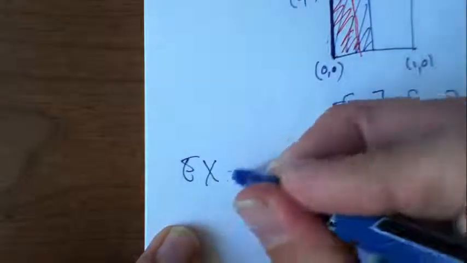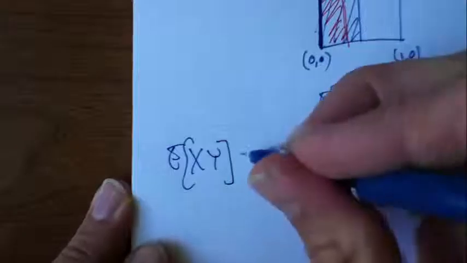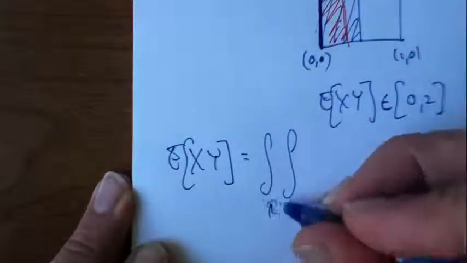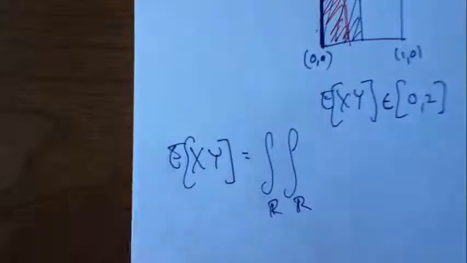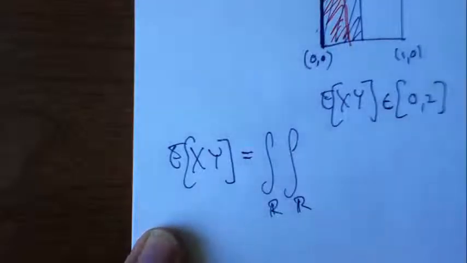I'll just kind of check for that. But all right, so what is the expected value of x times y? That's what we want. Since x and y are continuous random variables, I need one equal sign, two integral signs.